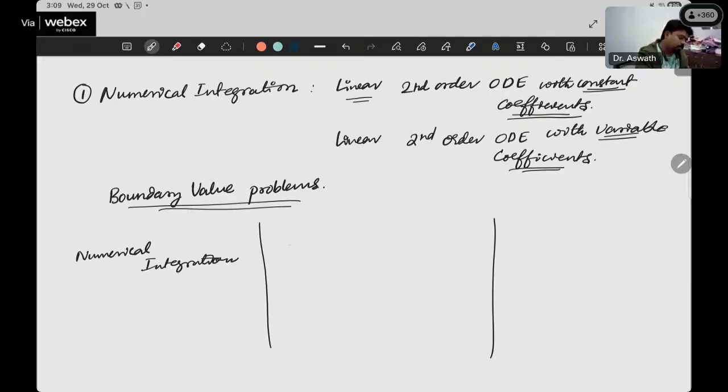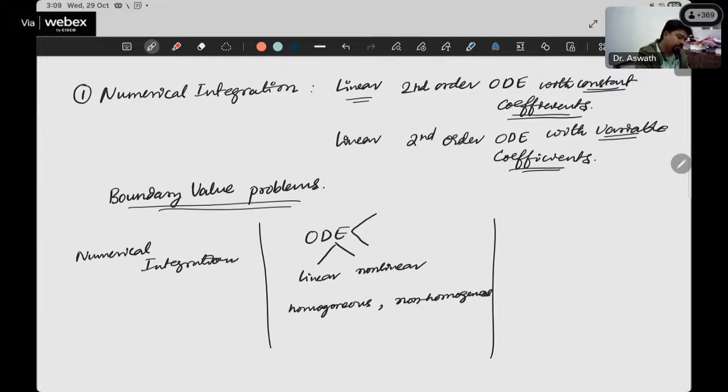In another section, we'll talk about ordinary differential equations, which will be of multiple types. They are called linear, non-linear, and also homogeneous and non-homogeneous. We can divide ordinary differential equations into first order and higher order, meaning second and third order onwards.